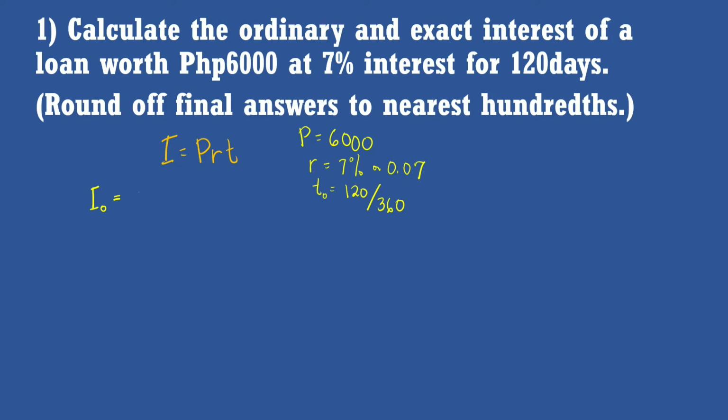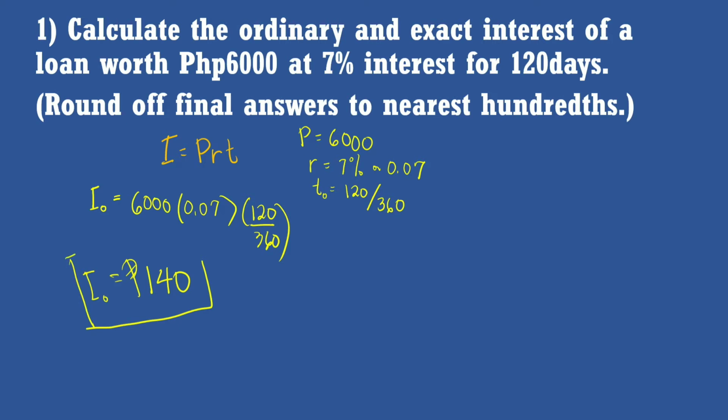Substituting the given, we have 6,000 pesos multiplied by 0.07 times 120 over 360. Using our calculators, 6,000 times 0.07 times 120 over 360, we have 140 pesos. So this is the ordinary interest after 120 days.